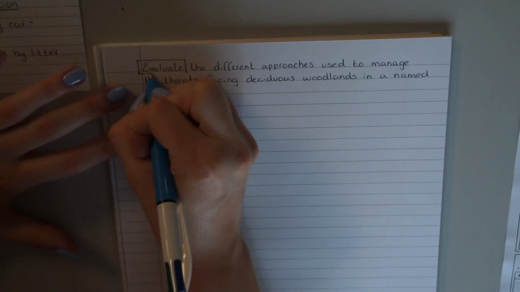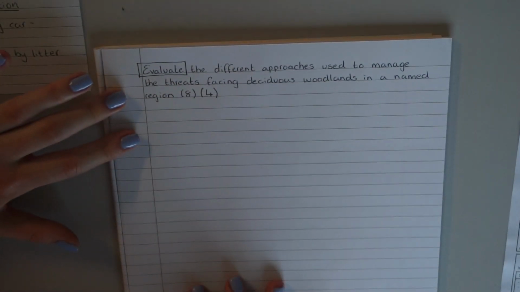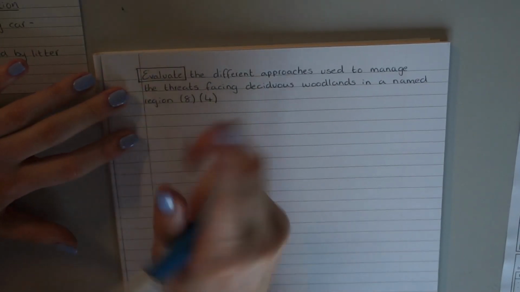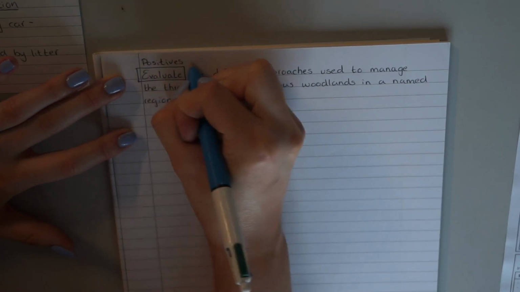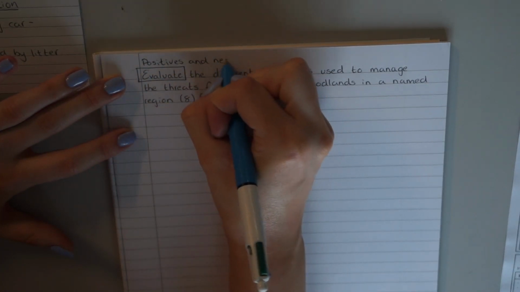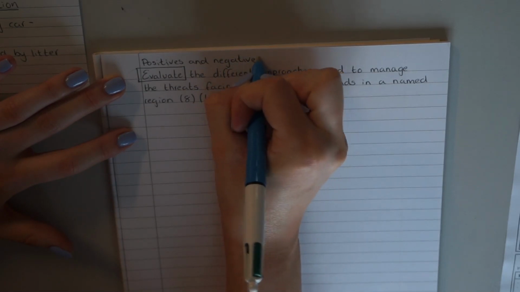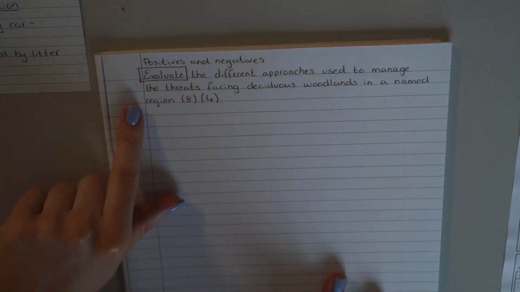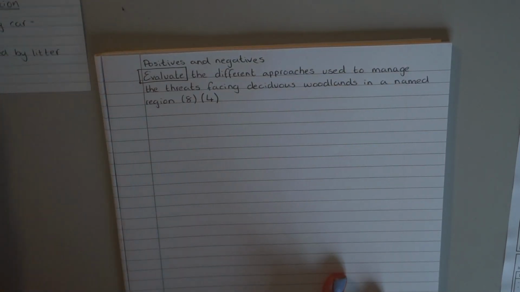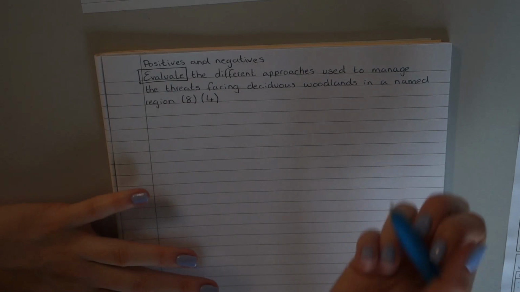So the first thing we do, which we all should know, is we bug our question. So I box the command word, so evaluate means I have to give positives and negatives. Then I'm evaluating the different approaches used to manage the threats facing deciduous woodlands.